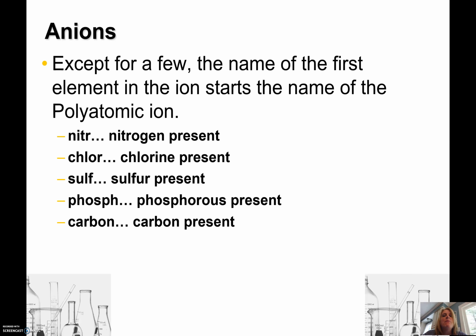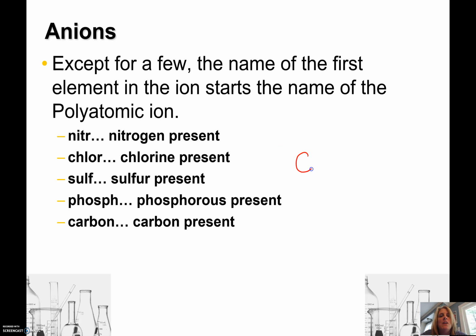Now, except for a few, like hydroxide and acetate, the name of the first element in the ion starts the name of the polyatomic ion, right? So when we had nitrate, NO3, it starts with N, so we call it nitrate. That means there's nitrogen present.